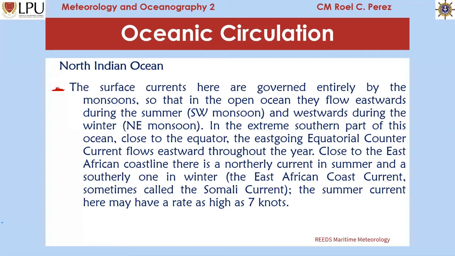In the extreme southern part of this ocean, close to the equator, the east-going equatorial countercurrent flows eastward throughout the year. And close to the East African coastline, there is a northerly current in summer and a southerly one in winter. That is called the East African Coast Current, sometimes called the Somali Current. The summer current here may have a rate as high as 7 knots.